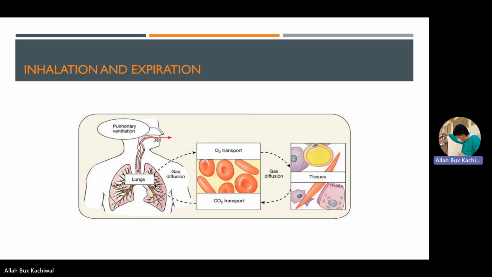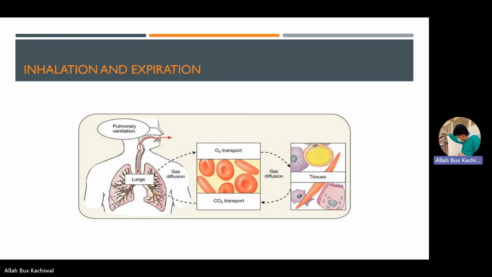In a human being, for pulmonary ventilation, the air is taken through the nostrils or from the mouth into the larynx, trachea, then the bronchi, then the bronchioles and alveoli.